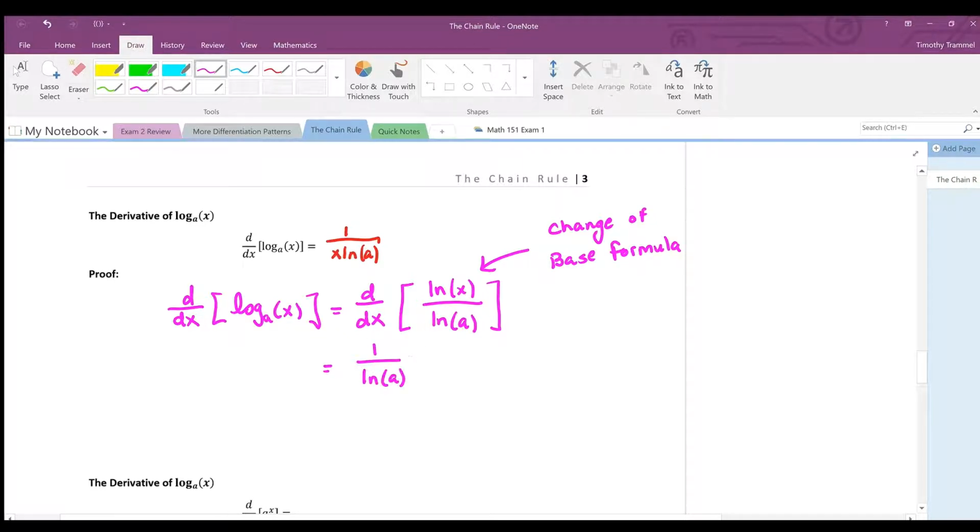The a is the base here. And then we have the derivative with respect to x of the natural log of x. And we know that to be 1 over x, so you end up with 1 over the natural log of a times 1 over x. And this right here is equivalent to what we wrote up here, right? Okay, so we're done.